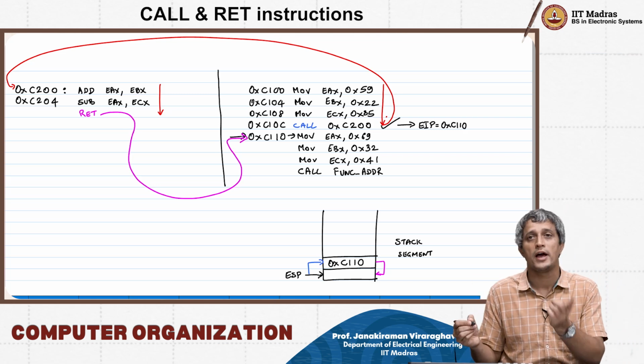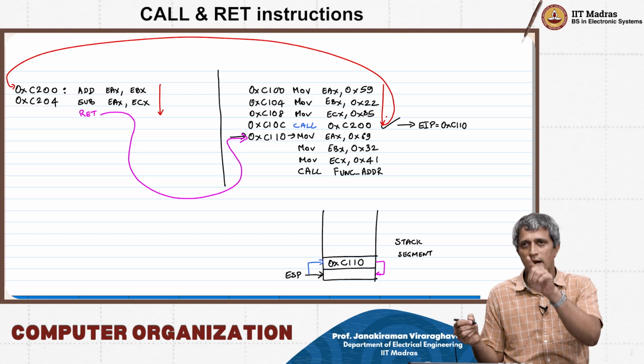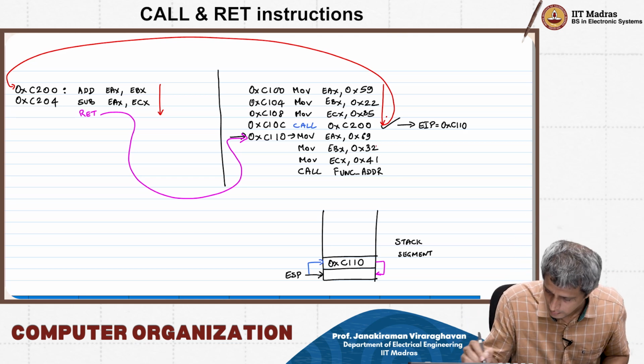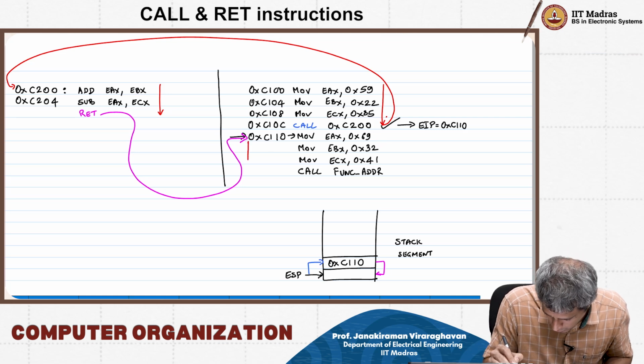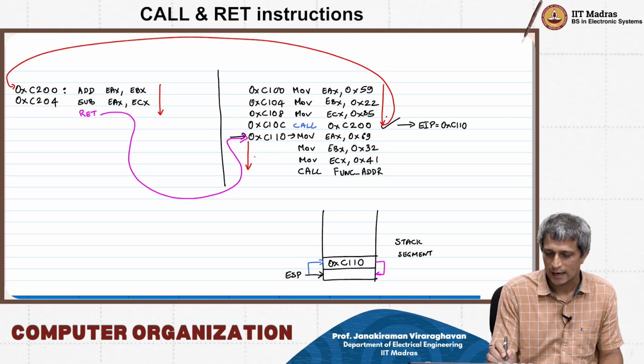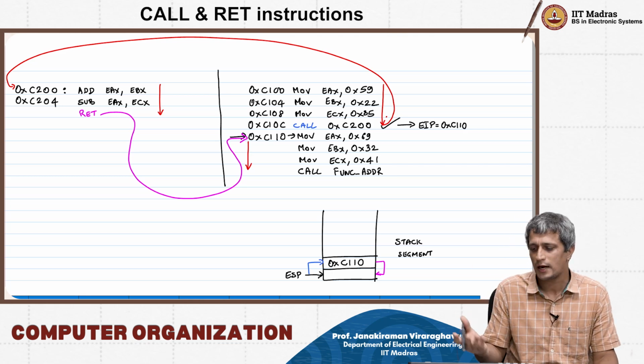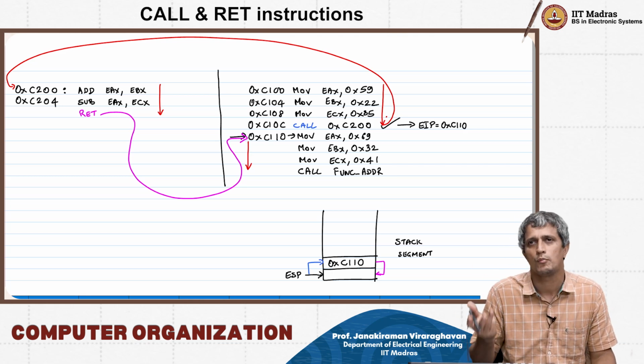So you know where to continue. Go ahead, execute the next piece of code. Again you are back down like this. Again you do a call, you do a return and all that stuff, and then you can continue any number of times like this.